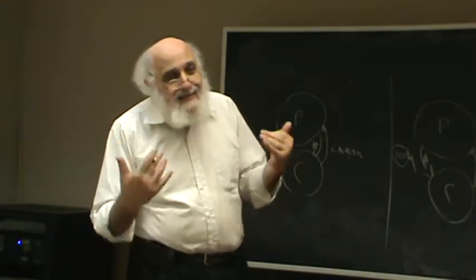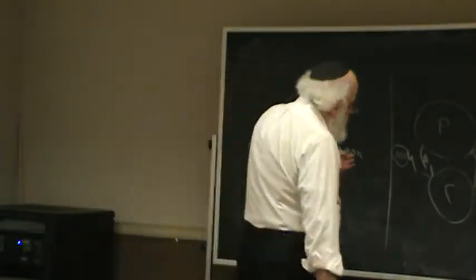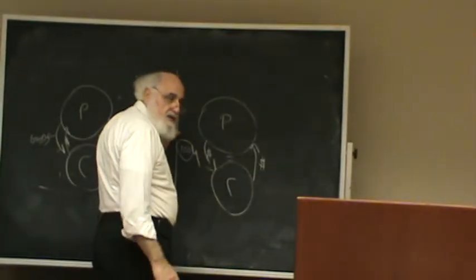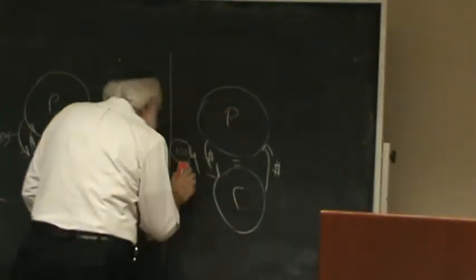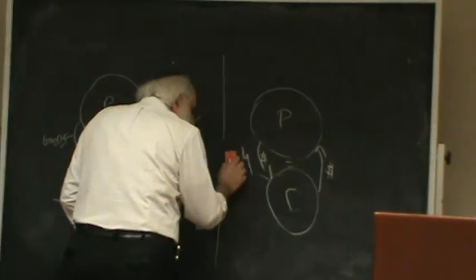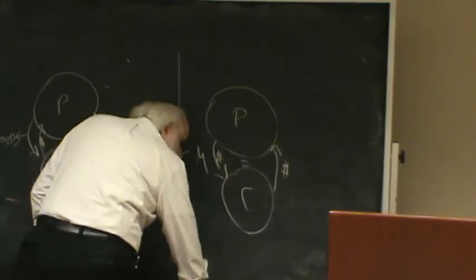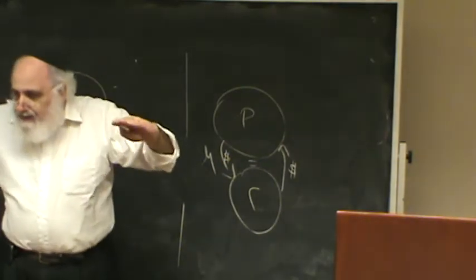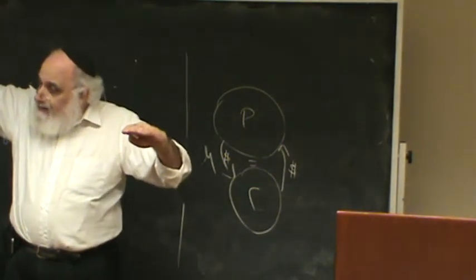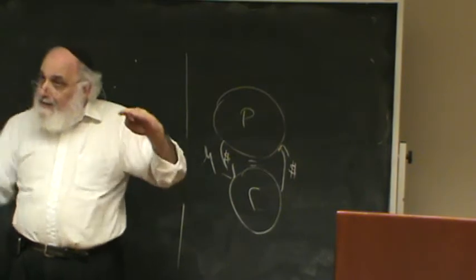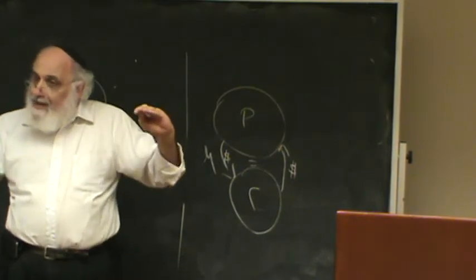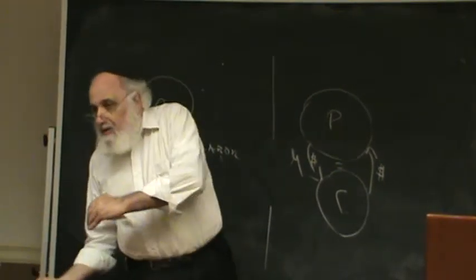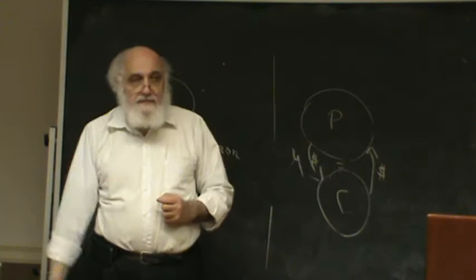So the equilibrium is going to be when the money going to the consumer is equal to the money going to the producer. The producer simply responds to what the consumer is asking for. He makes $100 worth of goods. If the consumer wants less, he'll make less. If the consumer wants more, he'll make more. And the system will come to equilibrium when the money going to the consumer is equal to the money going to the producer.